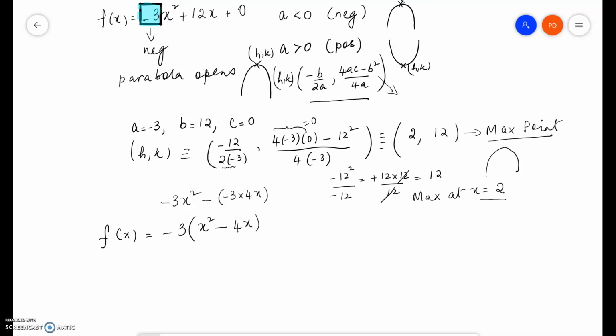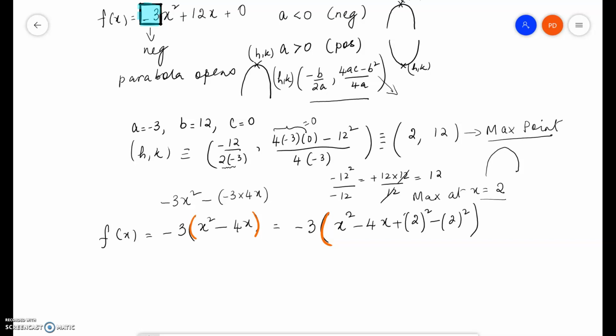Now we're going to complete squares within the parentheses to get negative 3 times x squared minus 4x. We take the middle term, negative 4, divide by 2, and we're going to square it anyway, so we don't need to consider the negative. So that's 4 divided by 2 the whole squared, minus 4 divided by 2, which is 2, the whole squared.